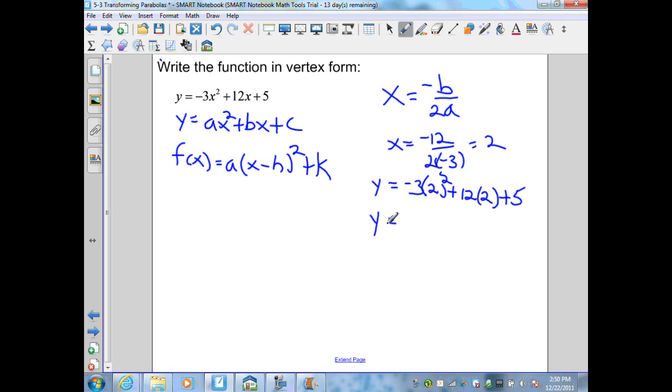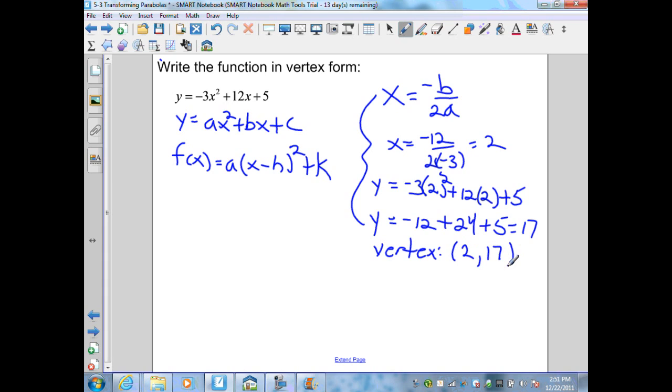So y equals a negative 3, 2 squared is 4, gives me a negative 12, plus 12 times 2 is 24, plus 5. Therefore, y is equal to negative 12 plus 24 is going to give me 12 plus 5 is 17. If you recall from our previous slides, this generates our vertex if we're given the standard form, which tells me my vertex is 2, 17.